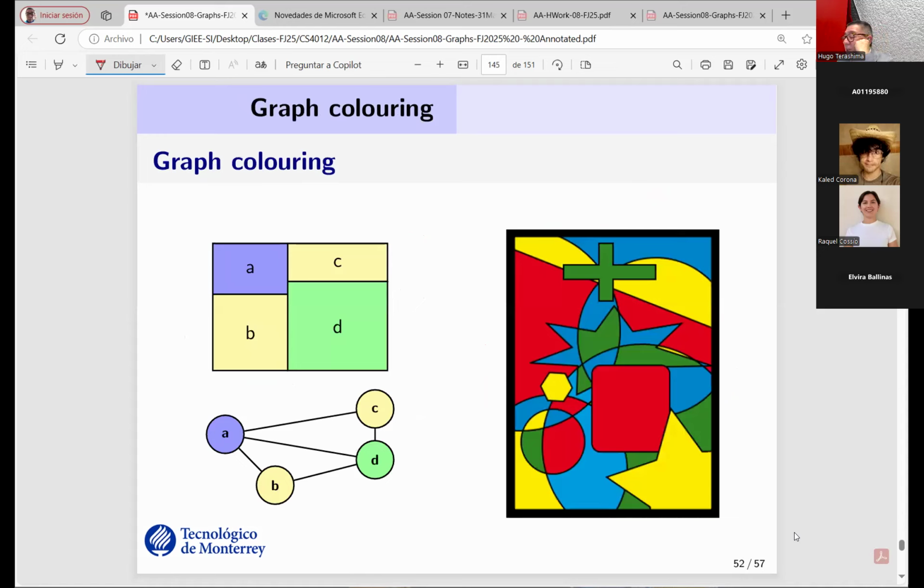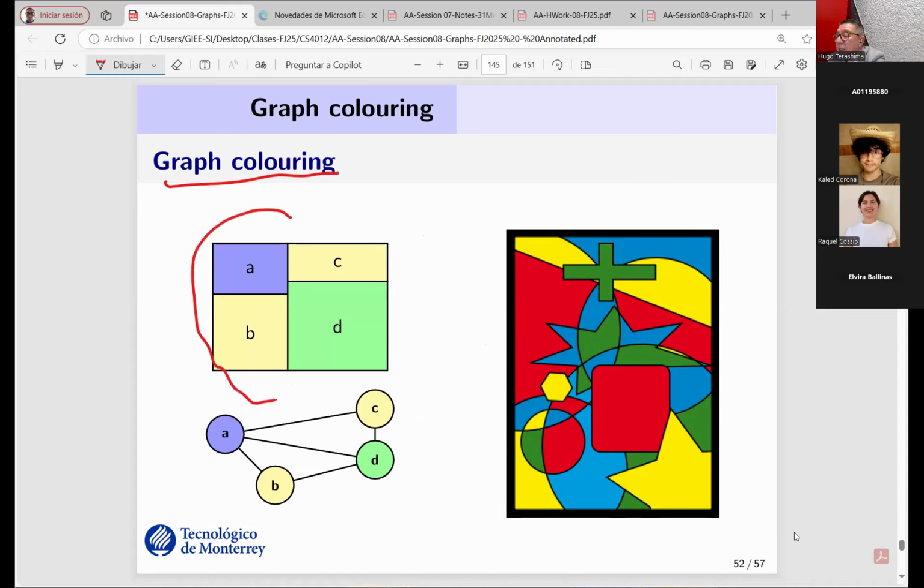And the other thing that we do with graphs in general is we use graphs to model problems. For example, here I have a problem, which is an NP problem, and later we're going to discuss that, in which I have a graph.